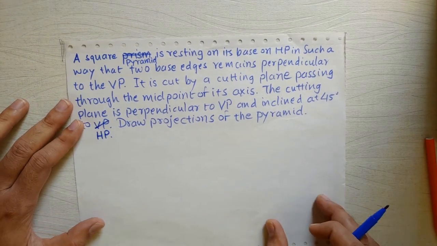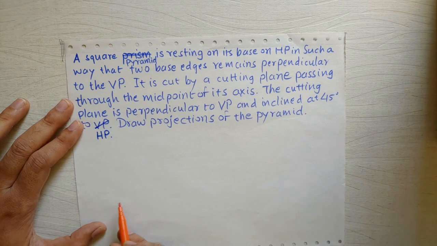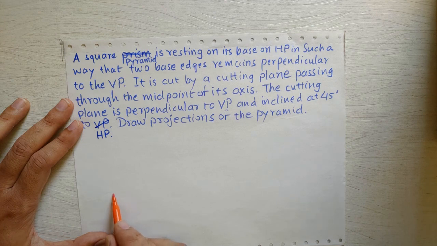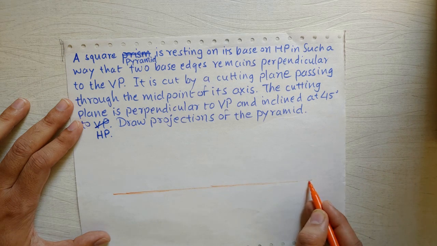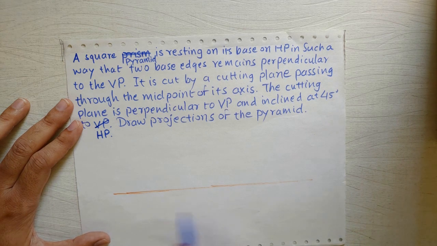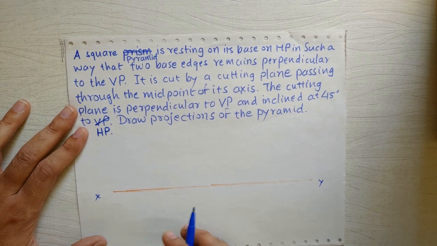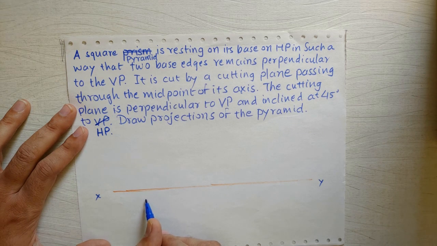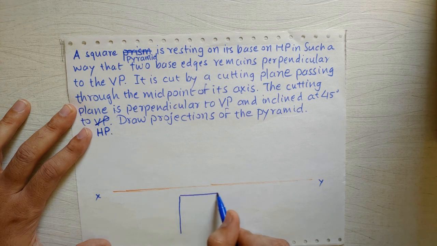So we'll go to this page. Now we'll draw the position of the solid. So this is the XY line. If the pyramid is resting on HP in such a way that its two base edges remain perpendicular to VP, it will appear like this.